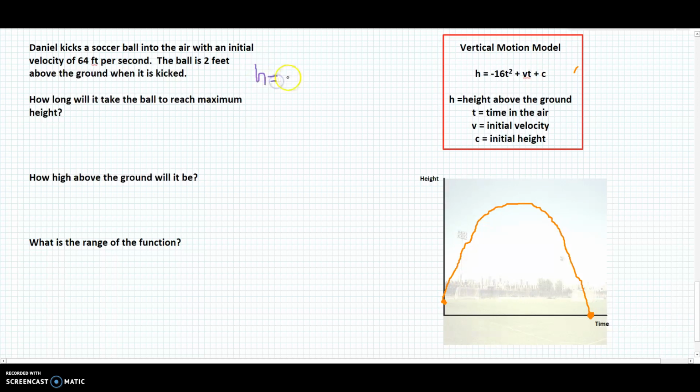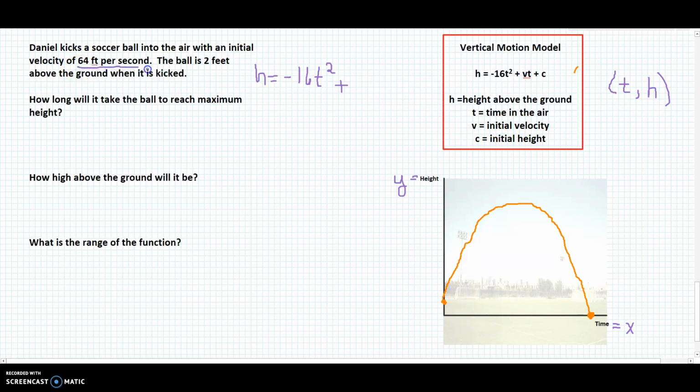So we're going to start with our vertical motion formula. H equals -16t squared. So our variables in this formula are h and t, and so we want to talk about ordered pairs as t and h. So time is our x variable and height is our y variable. So as I look at this, my h is my y, my t is my x, my v is my initial velocity.